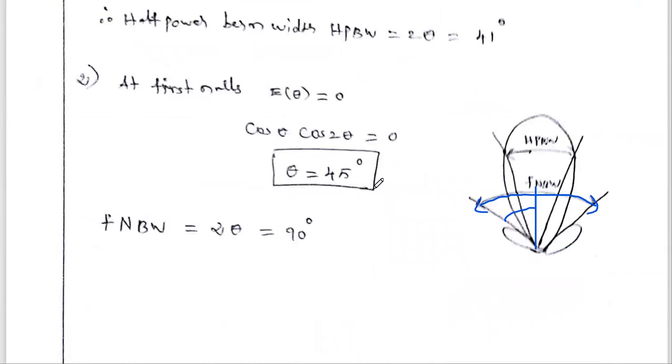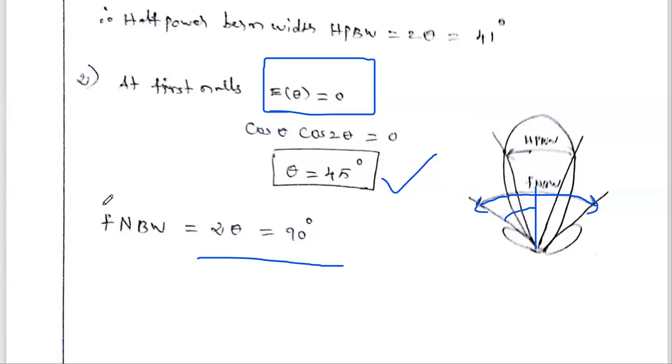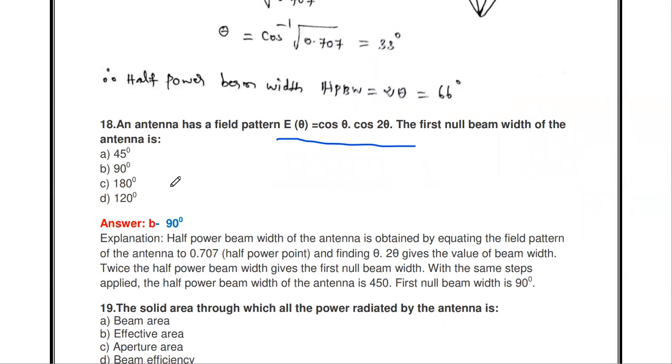Okay, if we want to calculate the beamwidth between the first nulls, we have to equate the electric field E of theta to 0 and find out the value of theta. Then if we double this theta value, we will get the bandwidth between the first nulls, FNBW. So it's 90 degrees. So 90 degrees is the answer.